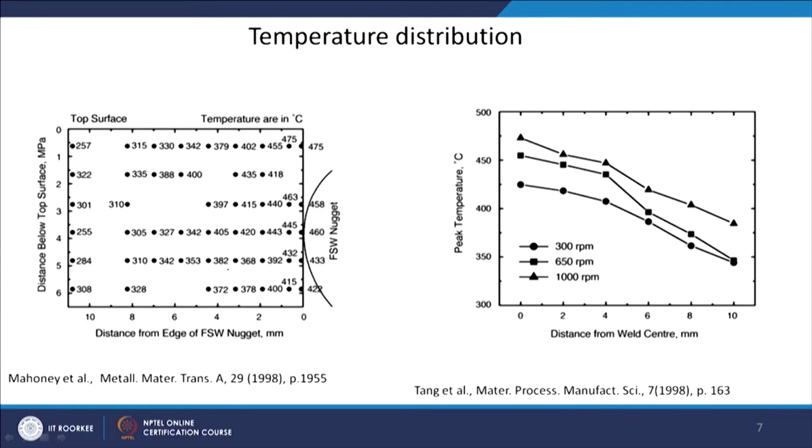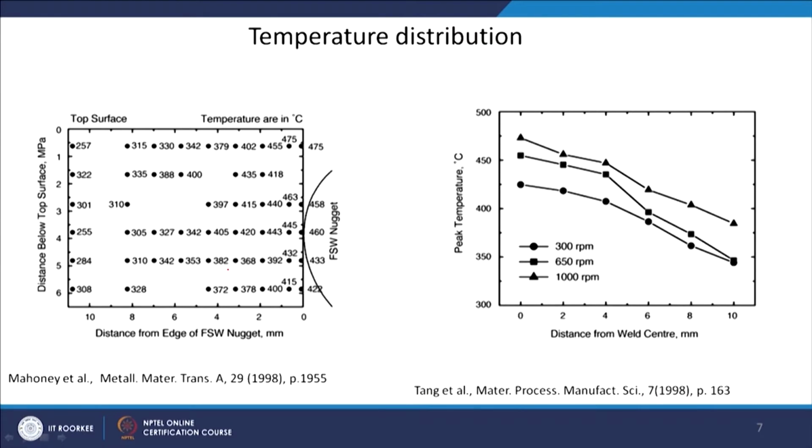The temperature attained is around 400 to 500 degrees Celsius, around 473 and so on. So, you can say it is around 0.7 of the melting point, 0.7 Tm of aluminum. So, in FSW and FSP the temperatures attained are around that. Of course, it will also depend on the RPM.